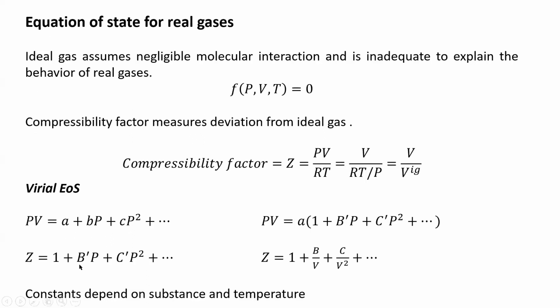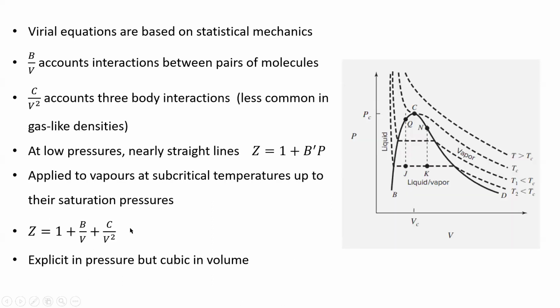So these are called virial equations, and these are virial coefficients. Here the B by V accounts for the interactions between pairs of molecules, that is two body interactions, and the C by V square accounts for the three body interaction, which is generally very uncommon at gas-like densities. Three body interactions are very rare, but in liquids maybe you can see them.